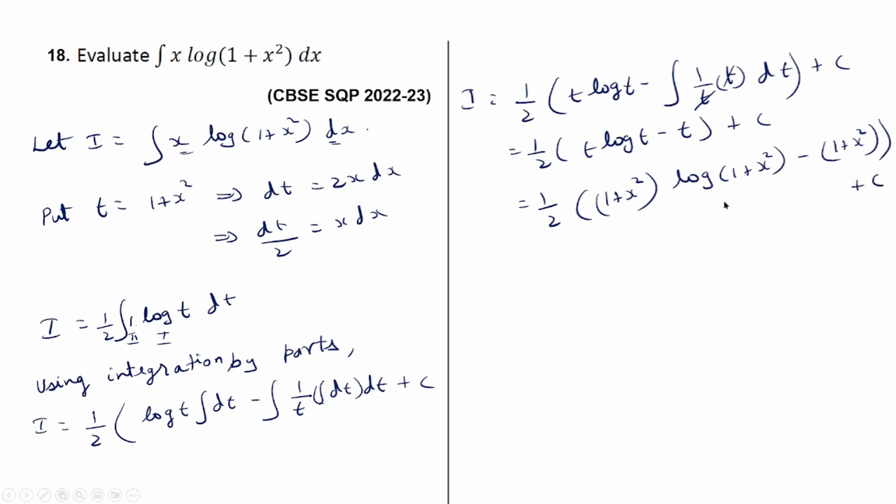So here 1 plus x square is common, it can be taken outside. So it is half of 1 plus x square into log of 1 plus x square minus 1 plus c. So this is the integral of this function.